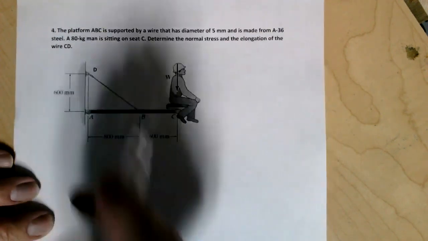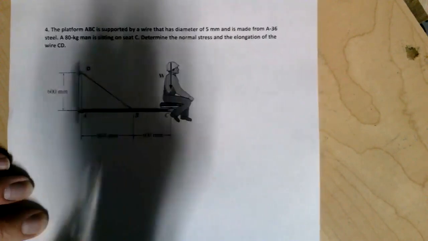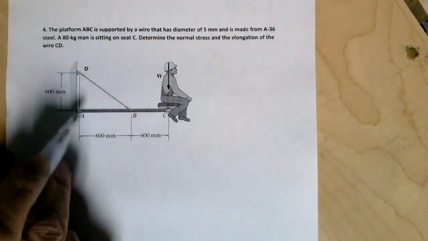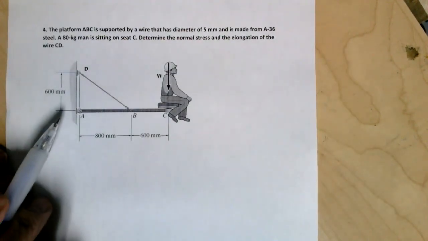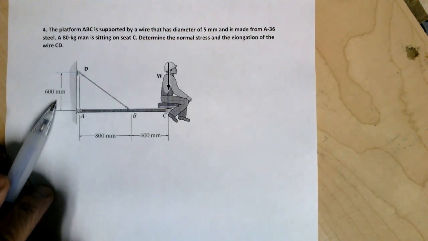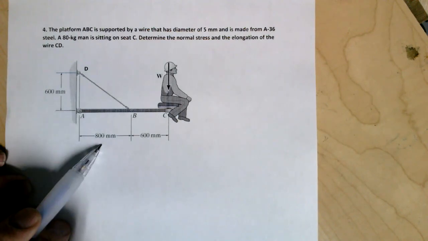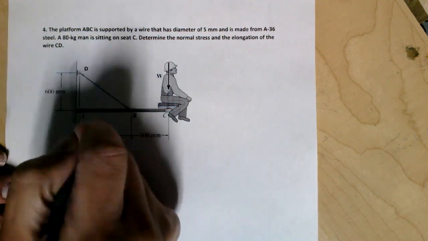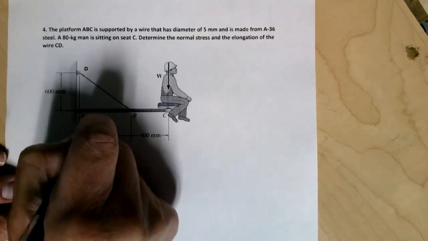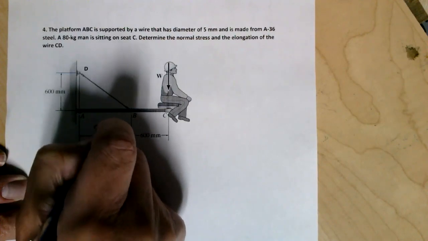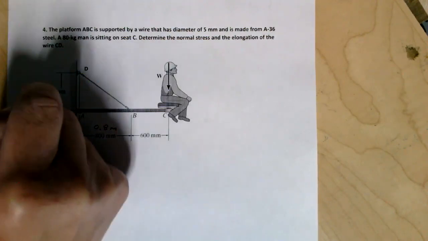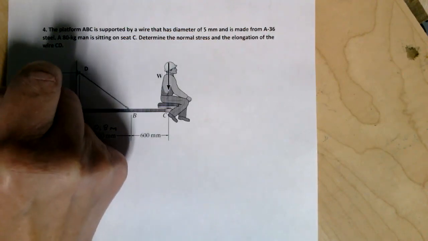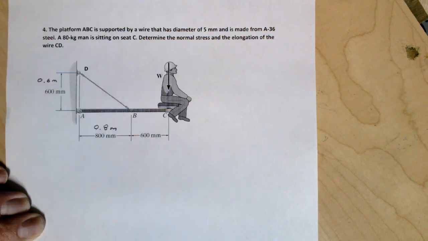First of all, we might as well do some geometry here. You can see that this is 600 millimeters, 800 millimeters. I'm going to put this into meters. You can work with millimeters if you like, but I like working with meters a little bit better.